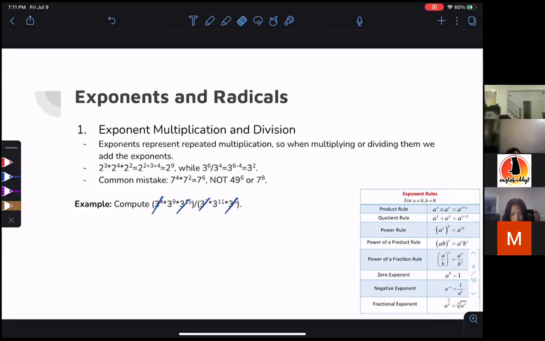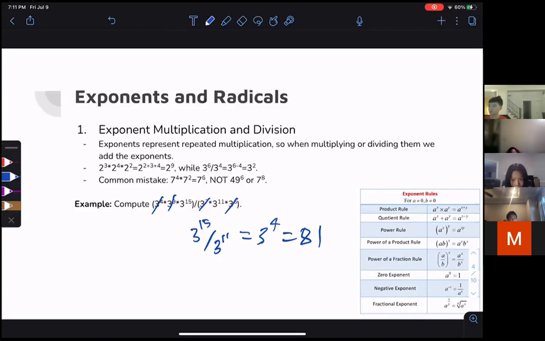No, wait, you crossed out the wrong thing. Sorry. And then 3 to the power of 15 over 3 to the power of 11 is 3 to the power of 4, or 81. Yeah, that's right. It's just 81.